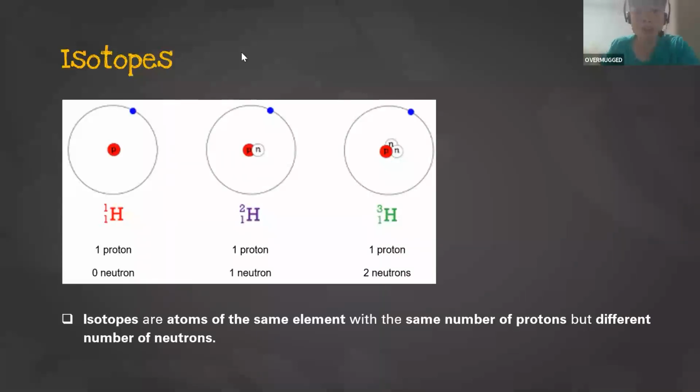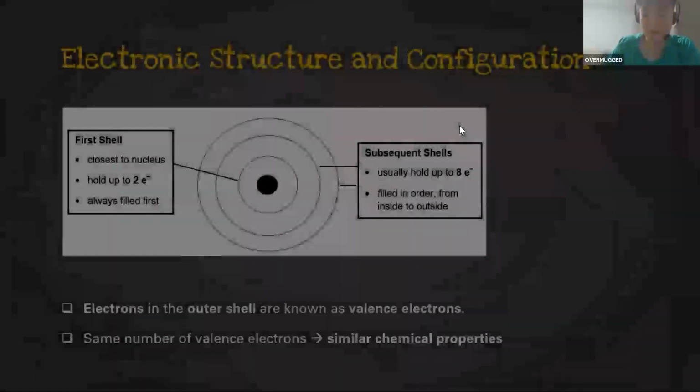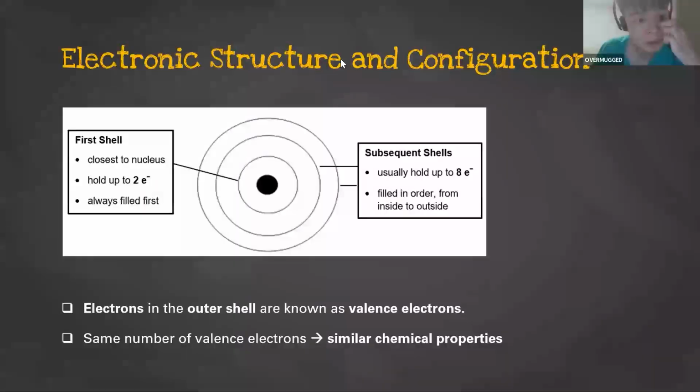But because they still have the same number of valence electrons, they will have similar chemical properties. What's the next question? Yes, correct, oxygen's electronic configuration is 2,6. Hopefully I answered the similar chemical properties question.